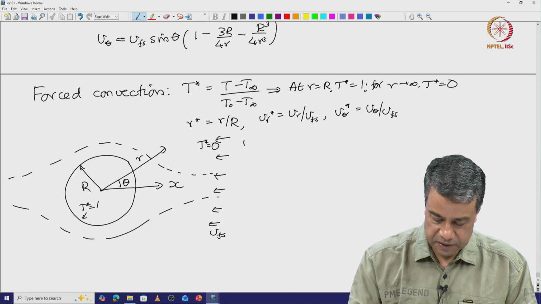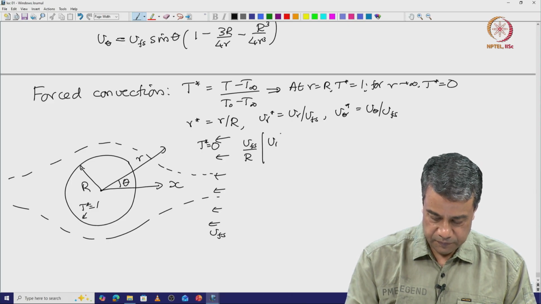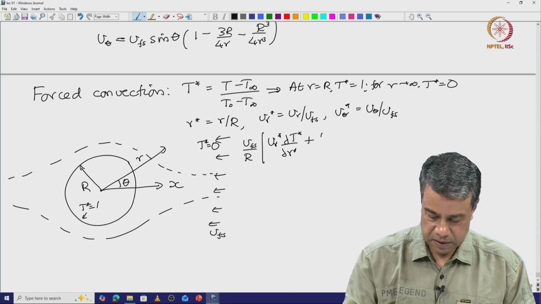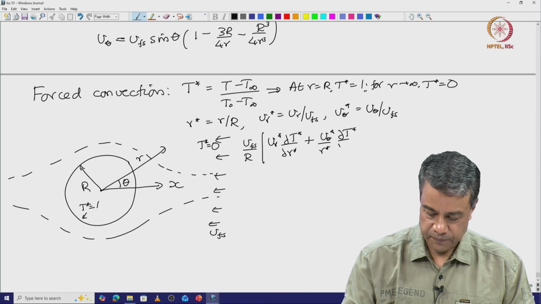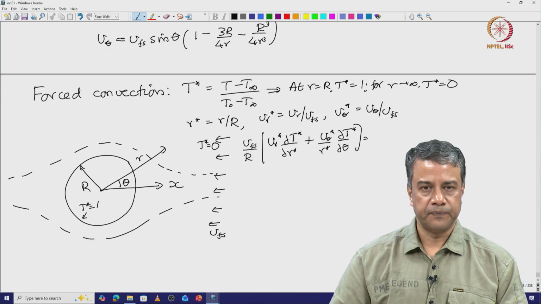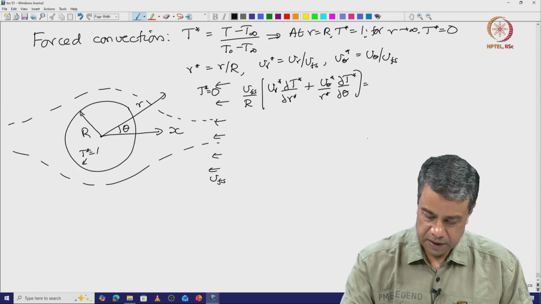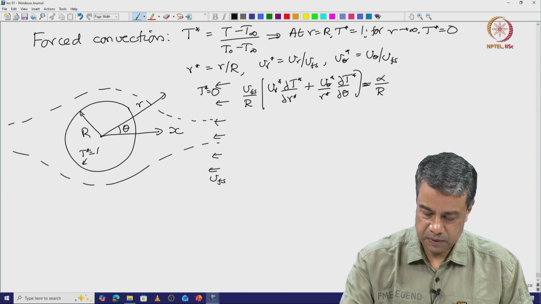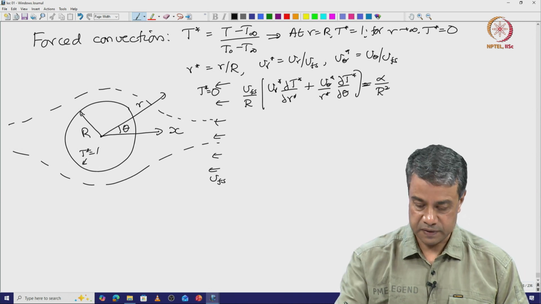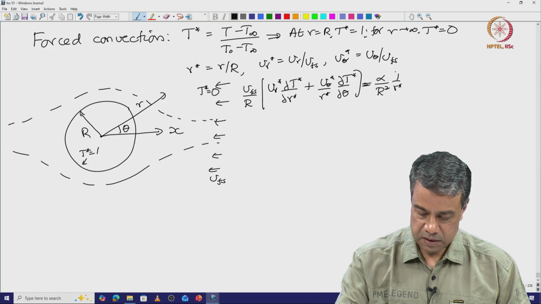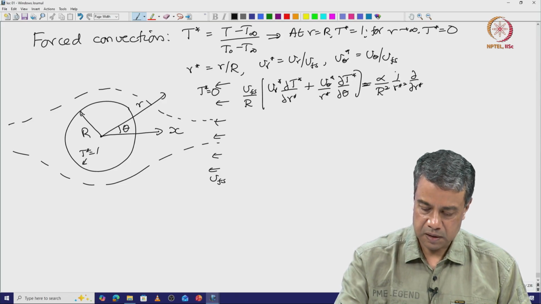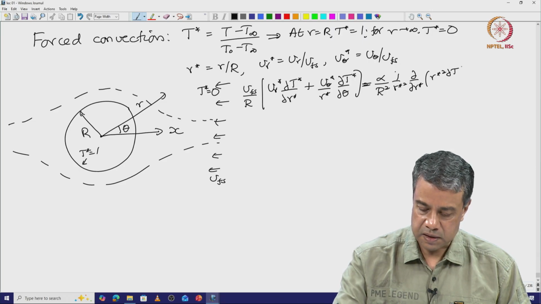On the left side I will have the ratio of V free stream by r into partial T star plus V theta star by... On the right side I have alpha divided by r square, because I have two spatial derivatives, into 1 by r star square partial by partial r star of r star square partial T star by partial r star.